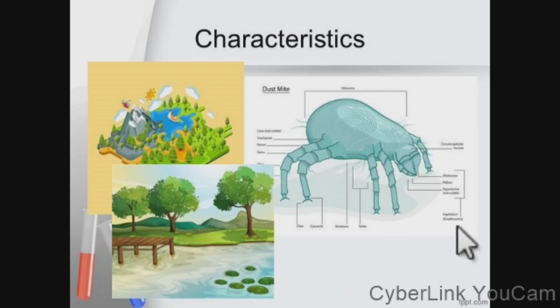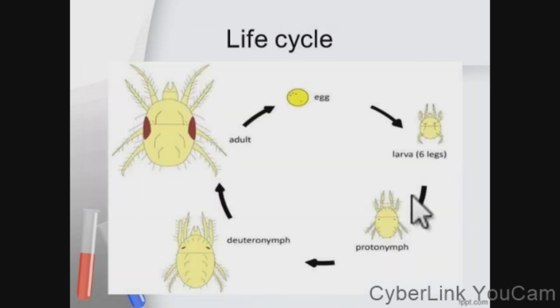They also have 4 pairs of legs, 1, 2, 3, 4, and 1, 2, 3, 4, sucking mouth parts, and they don't have any antennae or wings. Their life cycle consists of egg, larva, protonymph, deutonymph, and adult.